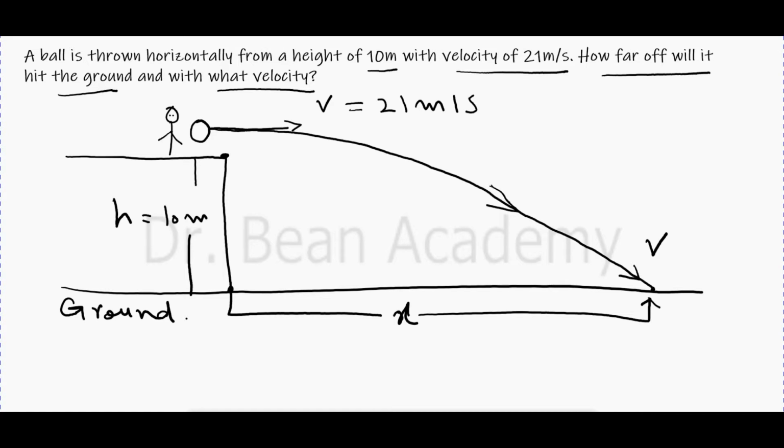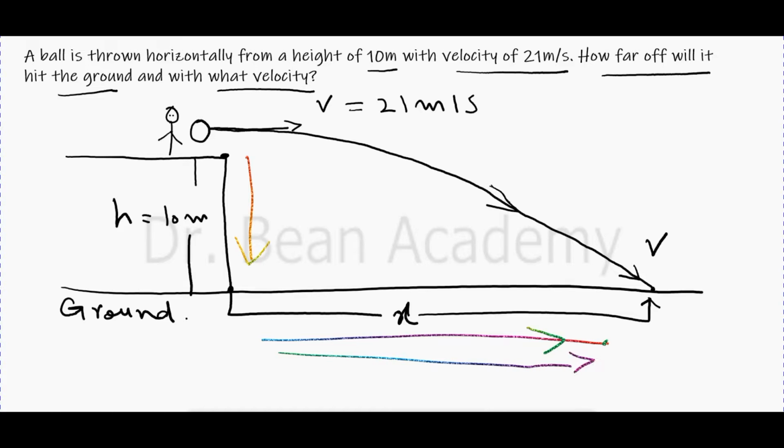h. This is an example of motion in two dimensions, because the body is moving horizontally and vertically. It is falling down and also covering horizontal distance. You will see that it will fall to the ground after covering a certain horizontal displacement x.